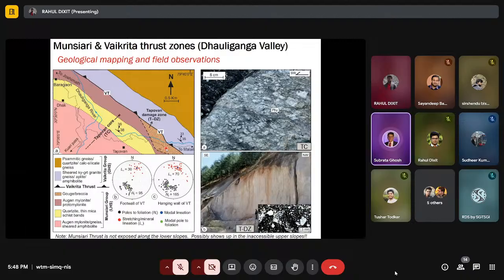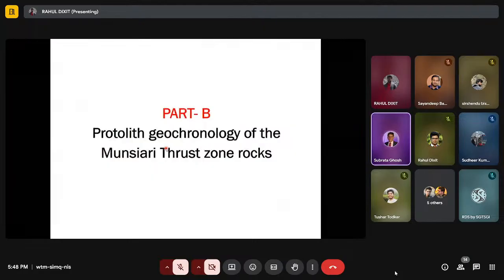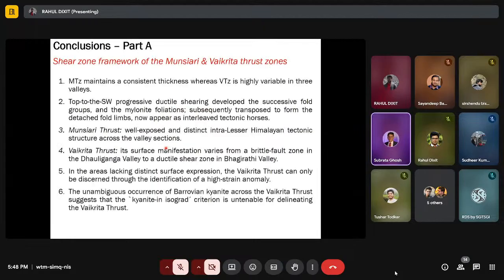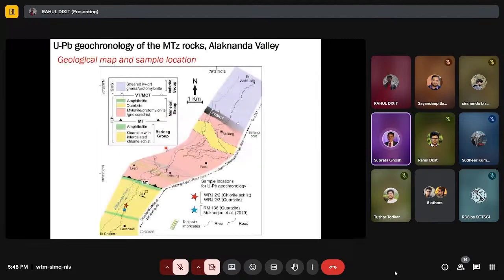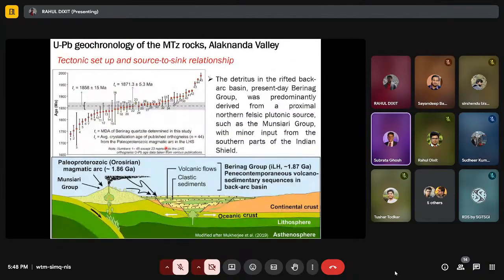And a final question: in the diagram, Professor Mukherjee et al.'s reference was there. In the diagram you showed that the Munsiari was just above a subduction zone, the subduction was going on southward, and the rift basin in which the Berinag was deposited.